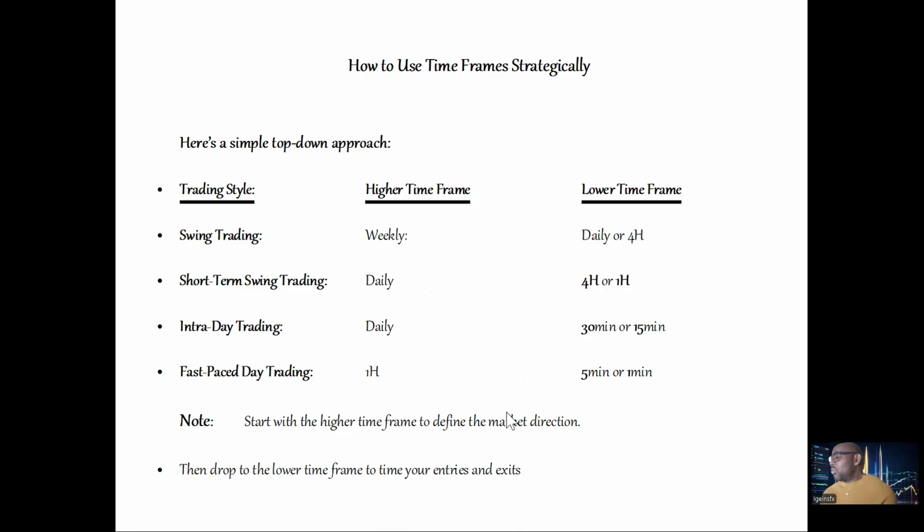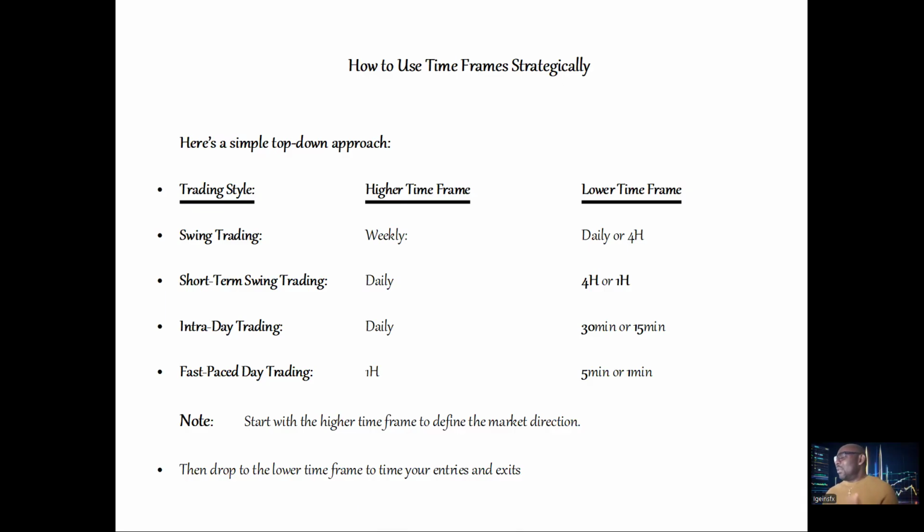I'm just showing you that all these things are possible, but the key there is that you need to align yourself with the higher time frame, knowing that the higher time frame is the Google map. It tells you where the long-term trend is focused on. But in between, you will still see bullish, bearish, price will be fluctuating here and there.